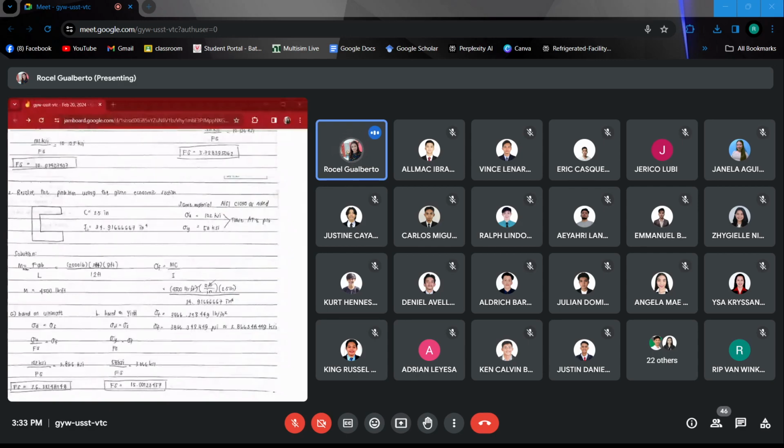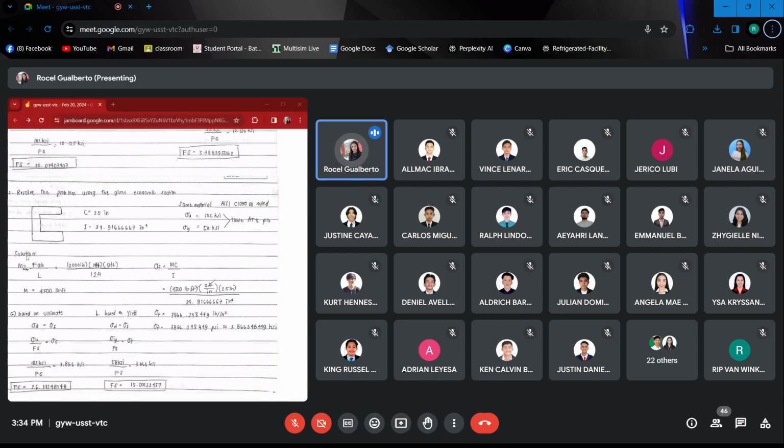Okay? Say the thickness is A. We have to express C and I in terms of A. Tapos, yun po i-substitute dito. So, then basically, the procedure would be the same lang. Okay? So, i-try na lang po siguro natin sa bahay. Okay? Ganun din naman po yung ating practice doon sa economic sections.